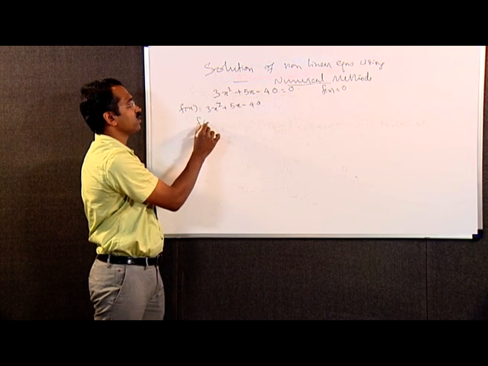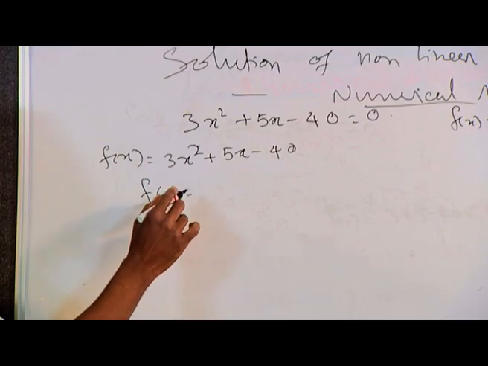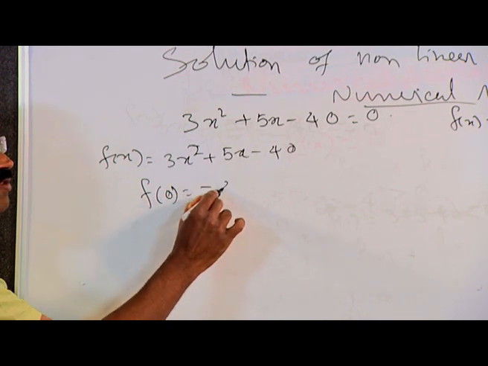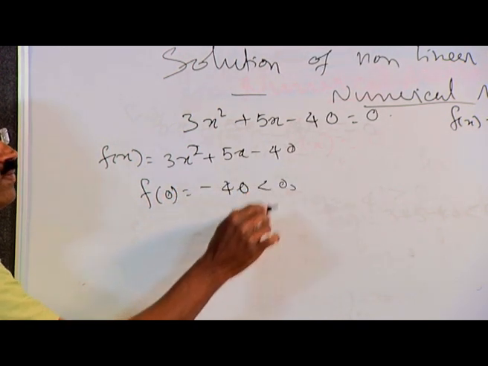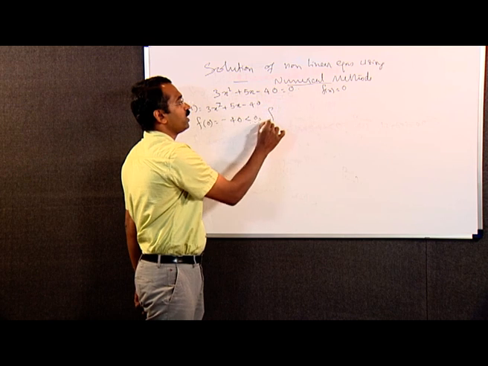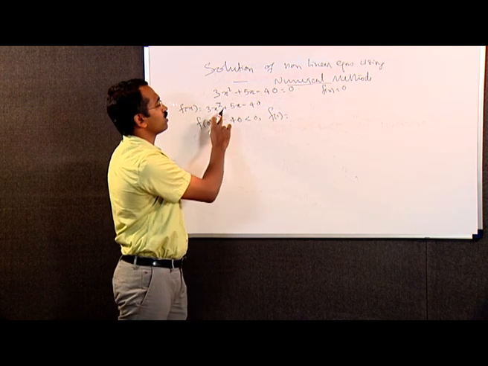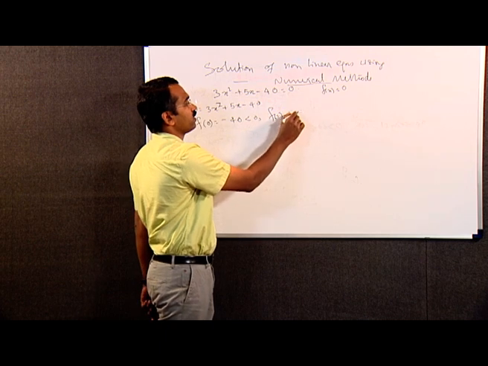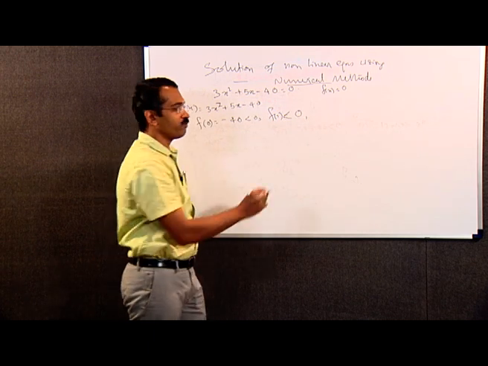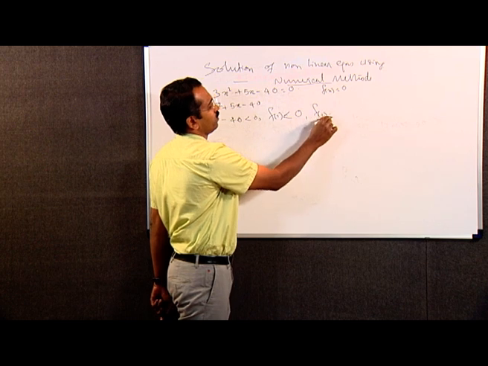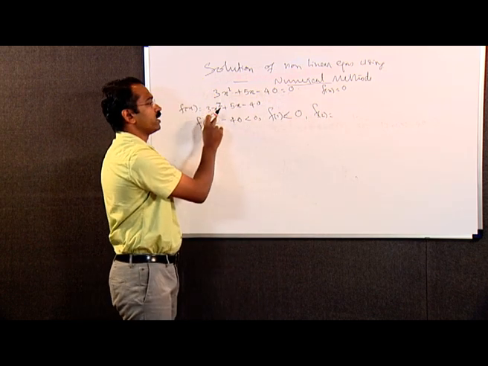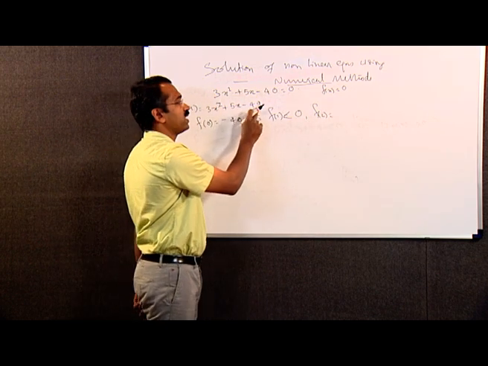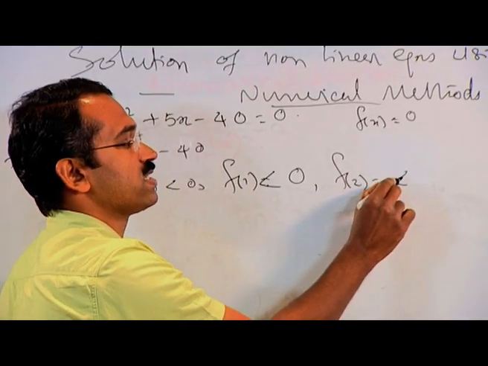If x equal to 0, we get f of 0 equal to minus 40, which is negative. F of 1 equal to 3 into 1 square plus 5 into 1 minus 40, which is again negative. F of 2 equal to 3 into 2 square plus 5 into 2 minus 40, which is also less than 0.